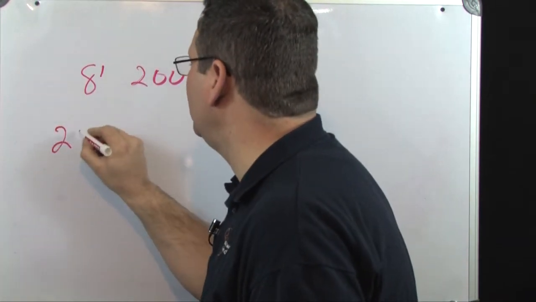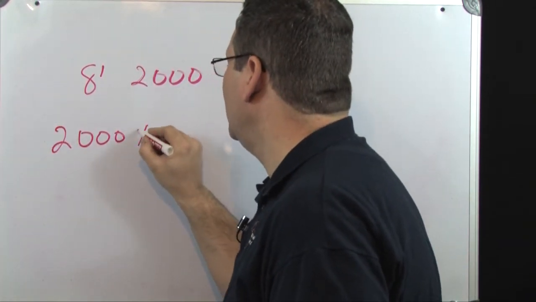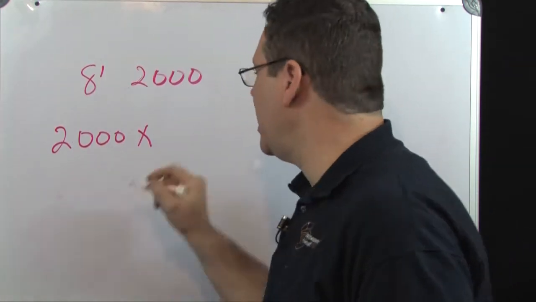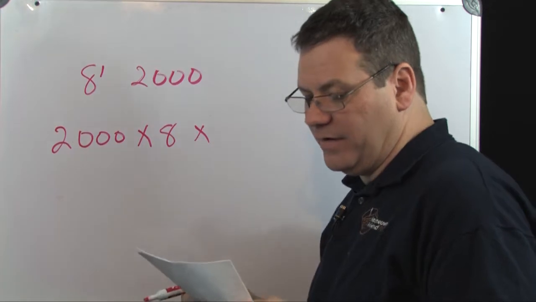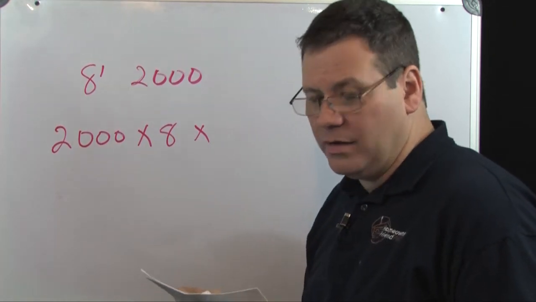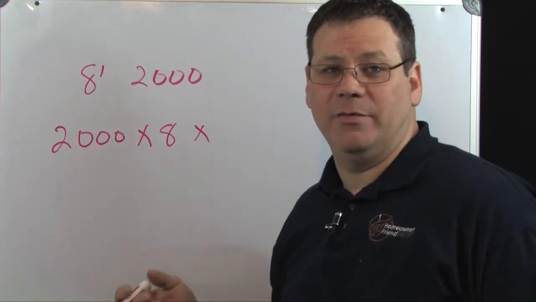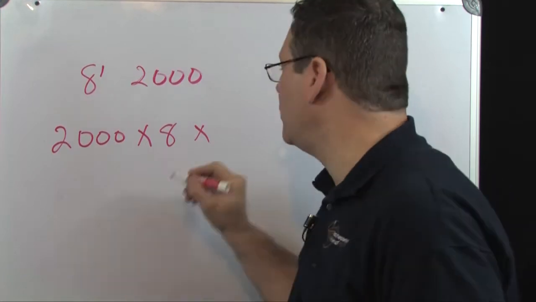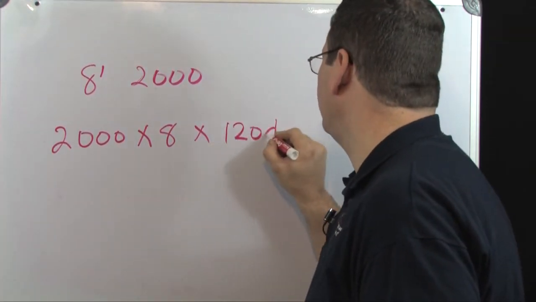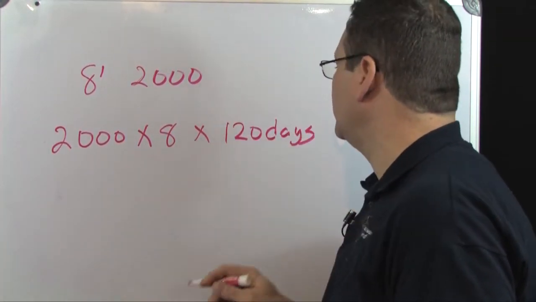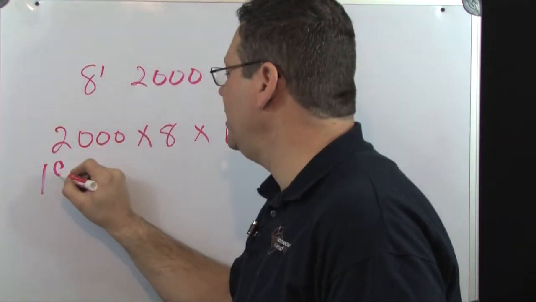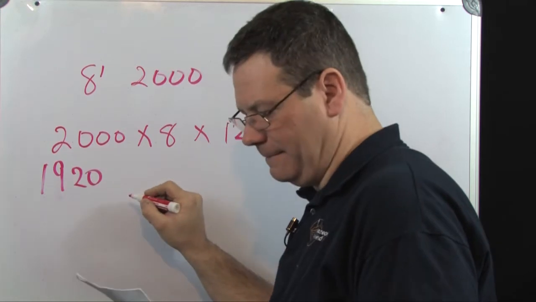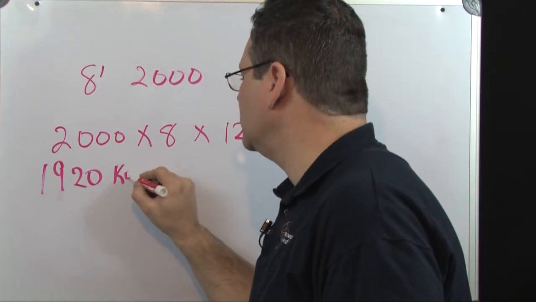We got 2,000 watts times the number of hours per day times the number of days in a year that you're going to operate, which we say about 4 months would be about 120 days. And if you calculate that out, it comes to 1,920 kilowatt hours.